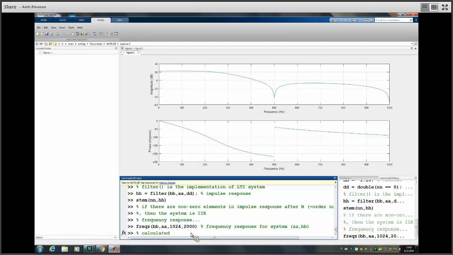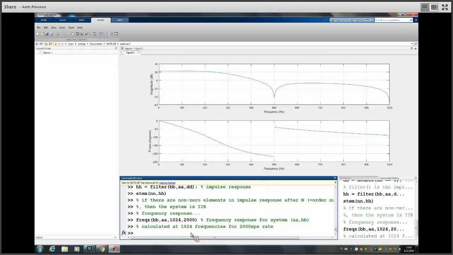Calculated at 1024 frequencies for a 2000 samples per second rate.